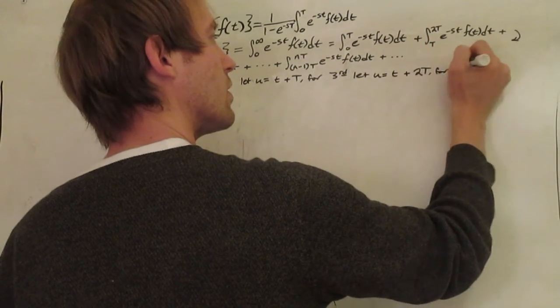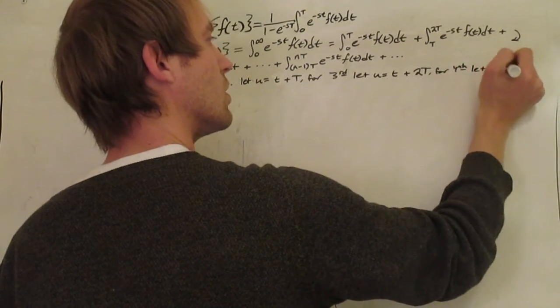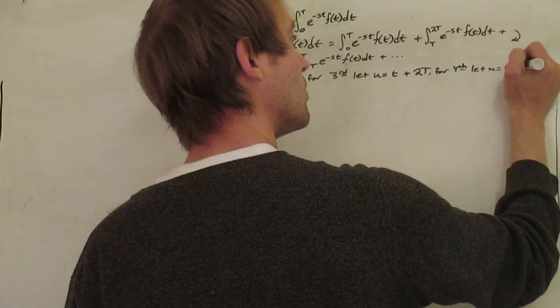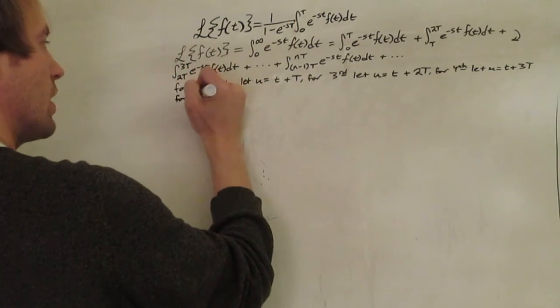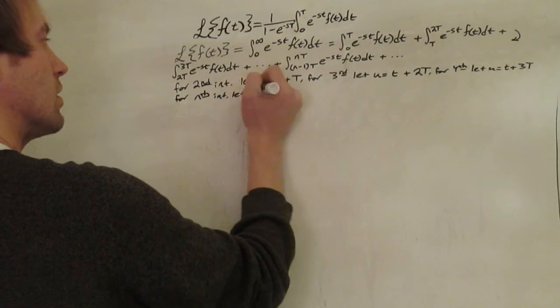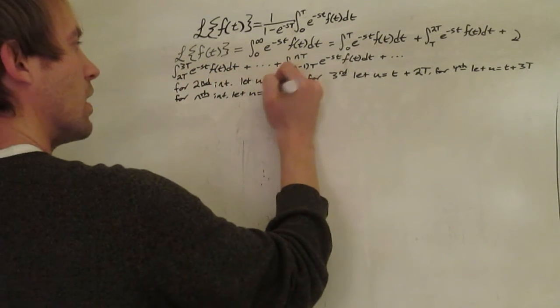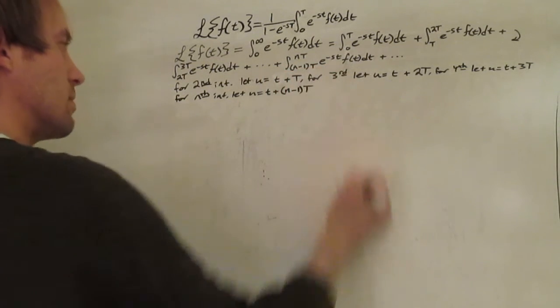For the fourth, let u equal t plus 3T. For the nth integral, let u equal t plus (n minus 1) times T.